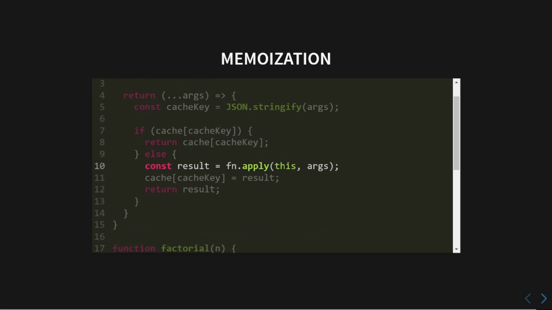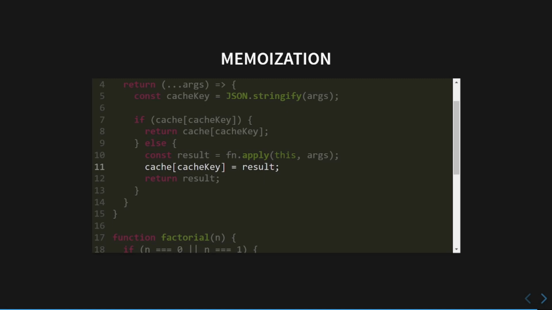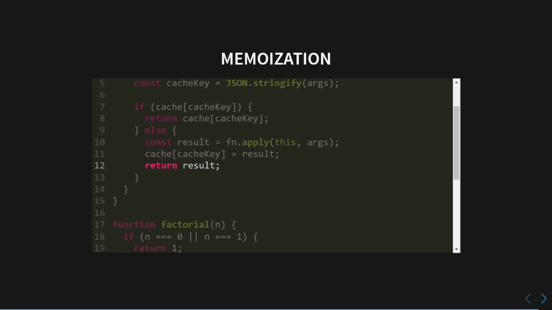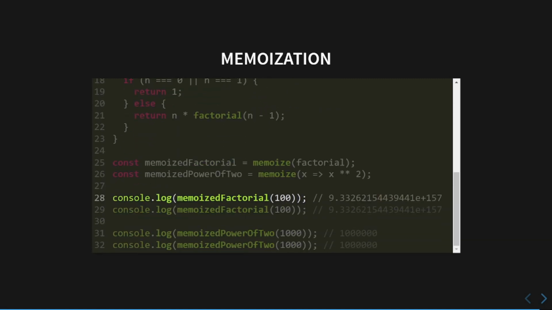So what we need to do is apply the factorial function to the arguments, and this is doing the calculation, cache the result, and then return the result. So this first call is the most expensive call. It calculates the number 9.332, etc., times 10 to the power of 157, which is a really large number.